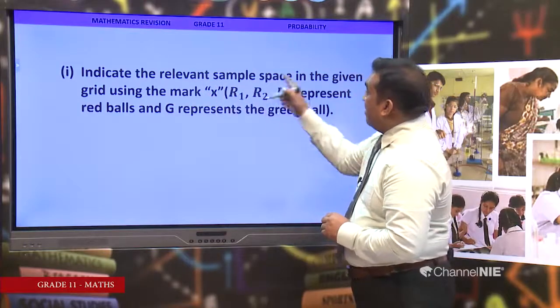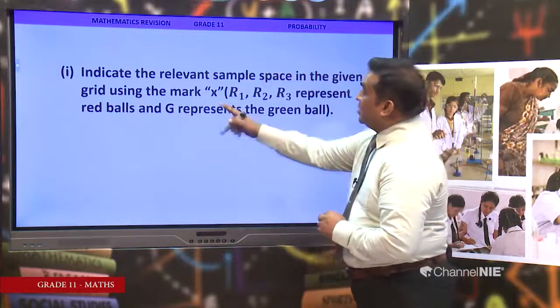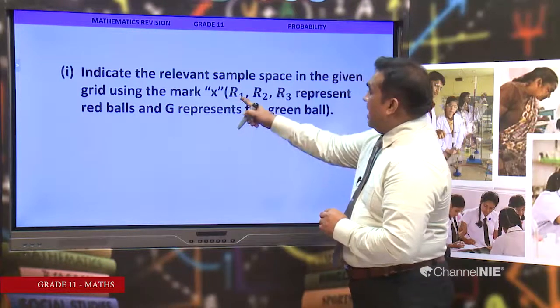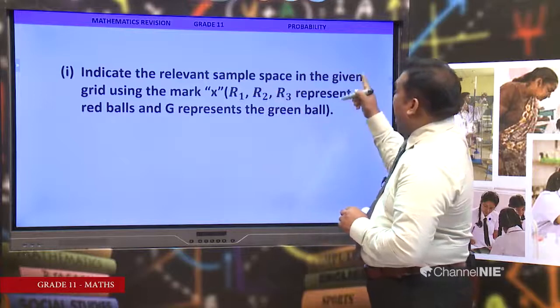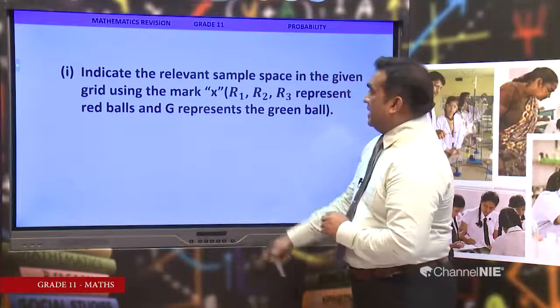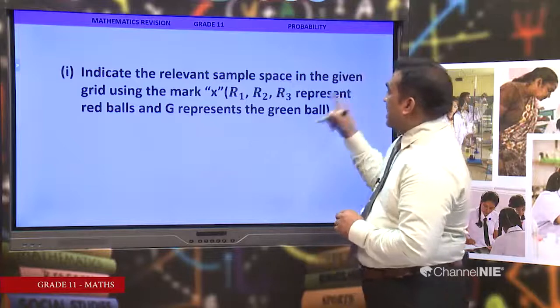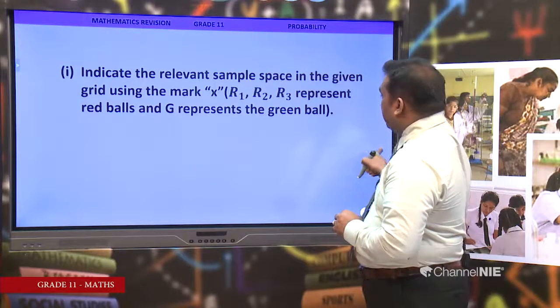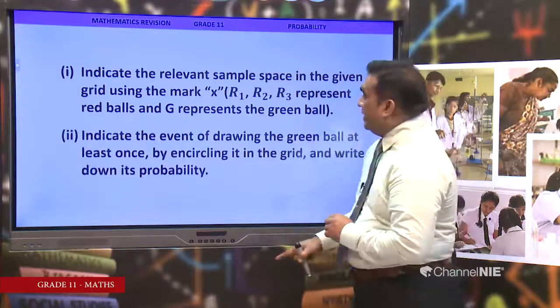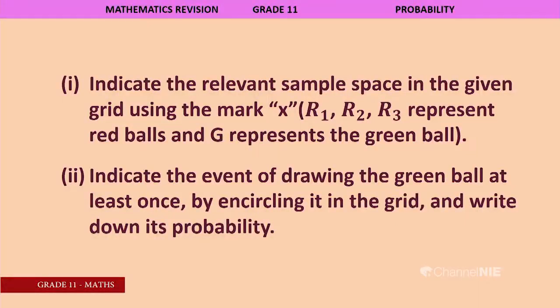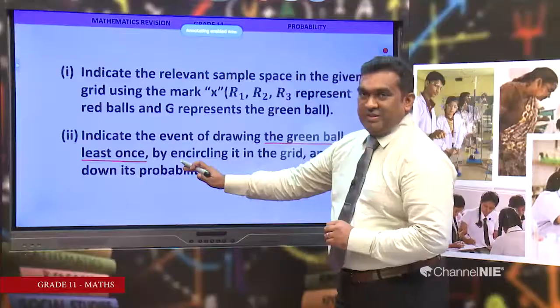Indicate the relevant sample space in the given grid using the mark cross. R1, R2, R3 represent red balls and G represents the green ball. Indicate the event of drawing the green ball at least once. It is very, very important.